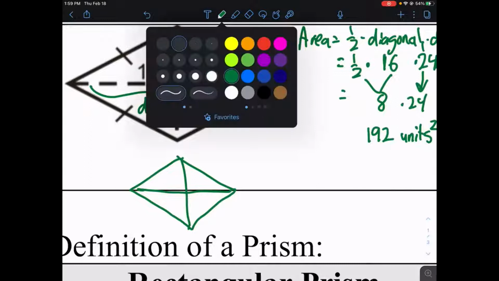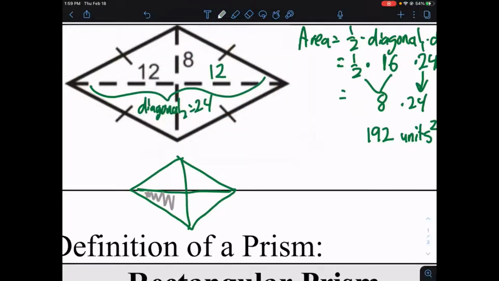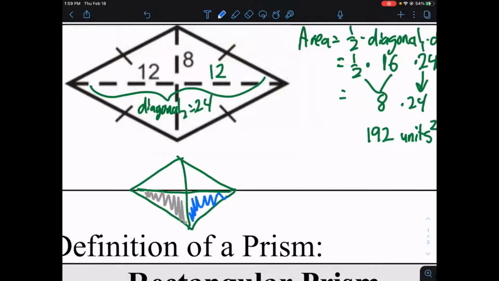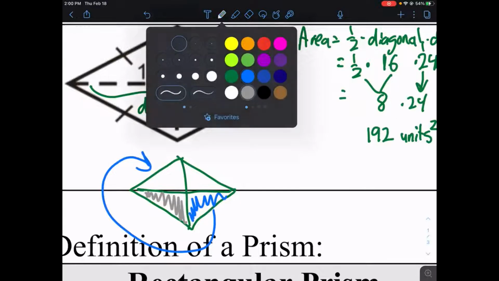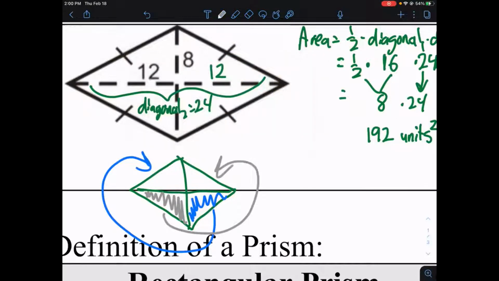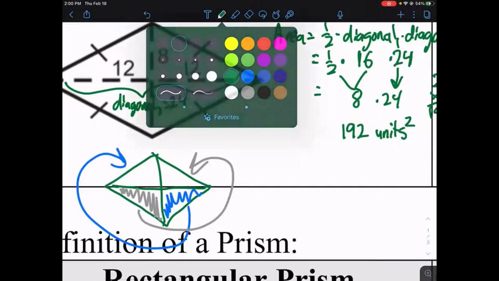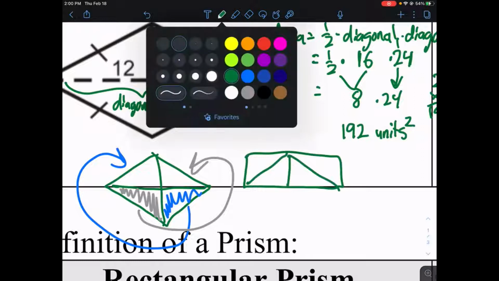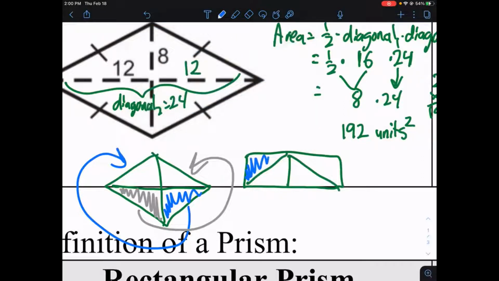So if I were to move the blue triangle over here and then the gray triangle over here, you see that it would look like this. Right, blue triangle moves over here, gray triangle moves over here.